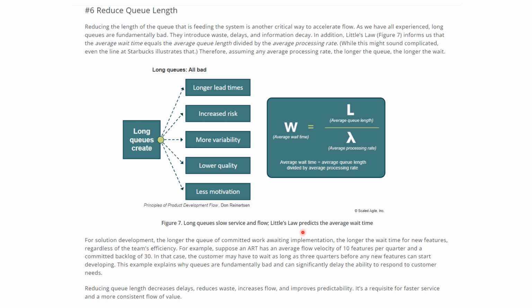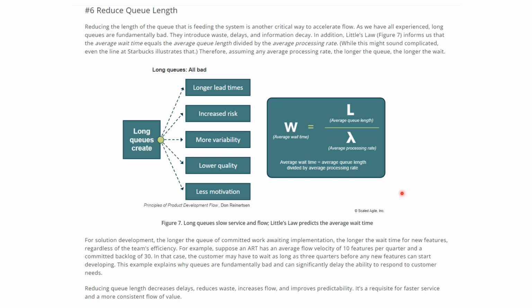For solution development, the longer the queue of committed work awaiting implementation, the longer the wait time for new features, regardless of the team's efficiency. For example, suppose an ART has an average flow velocity of 10 features per quarter and a committed backlog of 30.